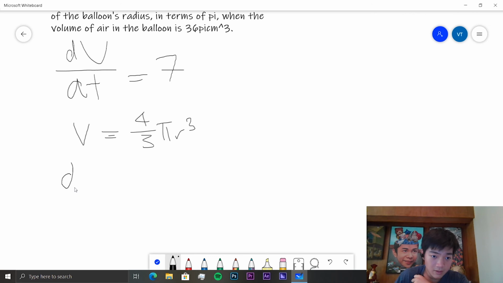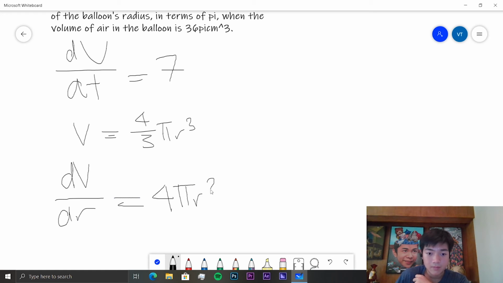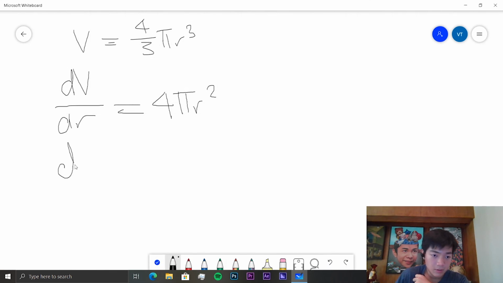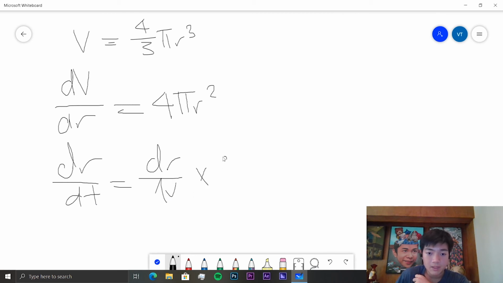The dV over dr is equal to 4 pi r squared. So dr over dt is equal to dr over dV times dV over dt, which will be equal to 7 over 4 pi r squared.